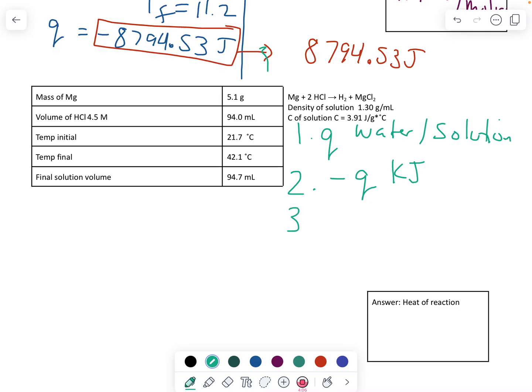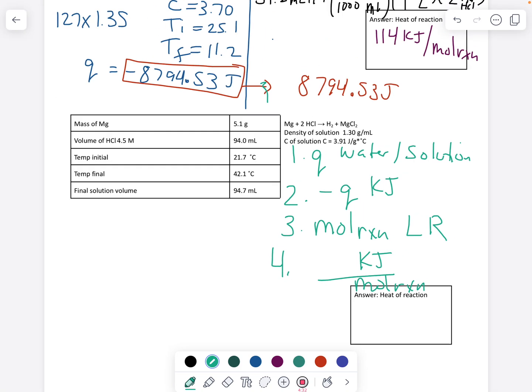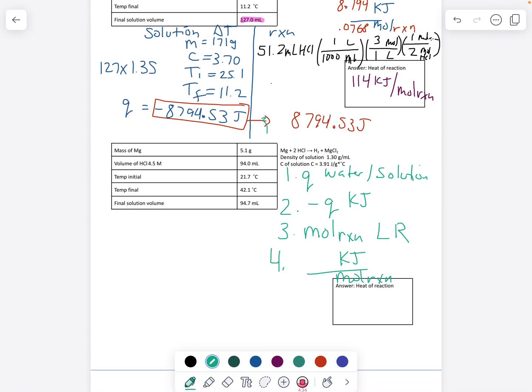Number 3, you need to get to mole reaction from your limiting reactant. And again, I will tell you what your limiting reactant is on the test, I promise. But in this one, you can use either. They both work. And then your very last step is to take your kilojoule amount and divide it by your mole reaction, and that gets you your final answer. Keep trying these other problems and make sure to finish the labs as well.